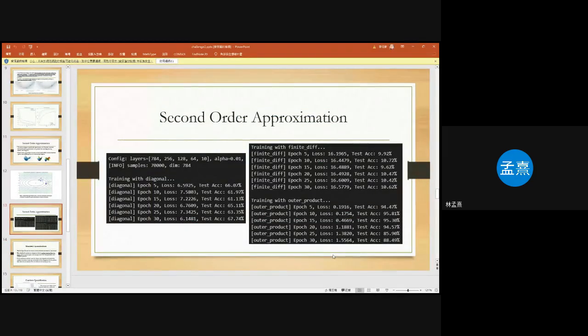And this is our training. The diagonal one can only perform under a specific training configuration, like layers or learning rate. In other cases, it fails, and finite difference never works. Okay.